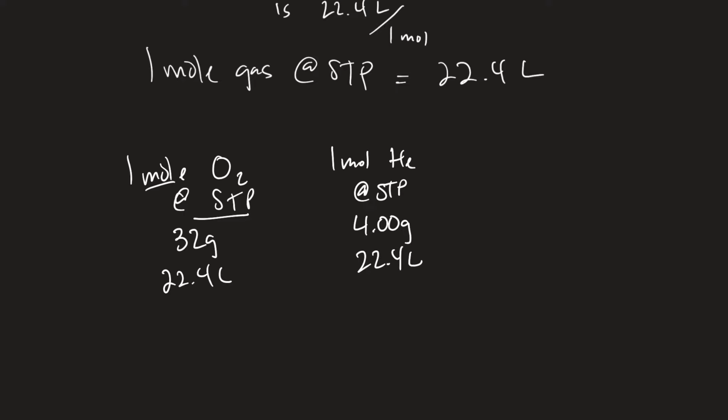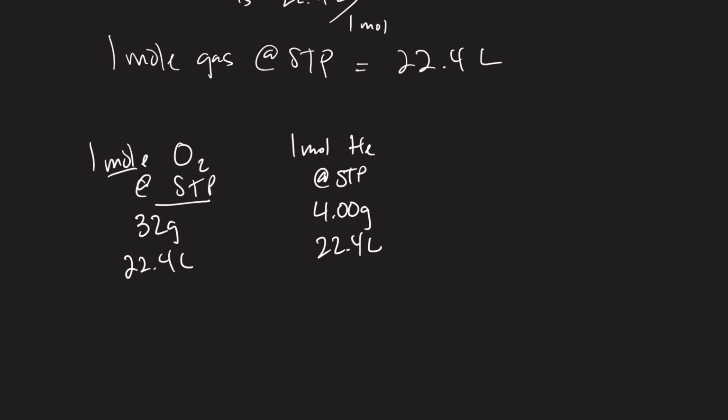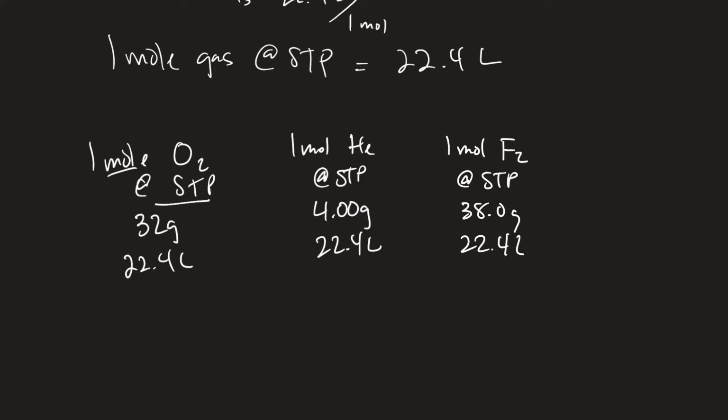Same idea with fluorine. If we had F2 at STP, we know the molar mass of F2 from the periodic table is roughly 38.0 grams, and the volume that amount of fluorine would take up is going to be 22.4 liters.